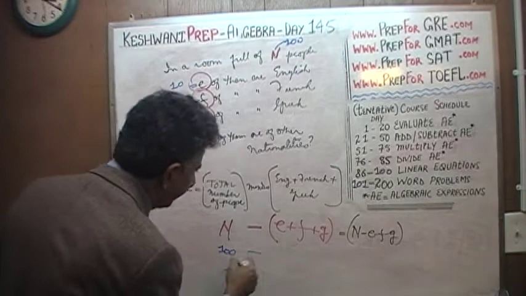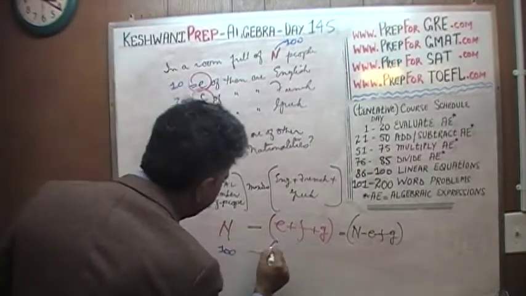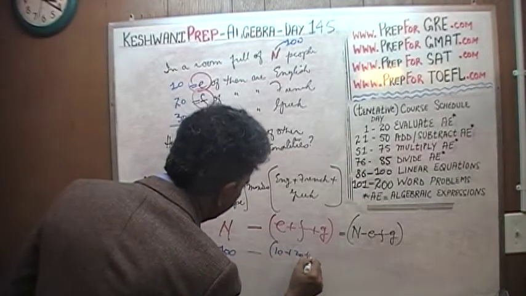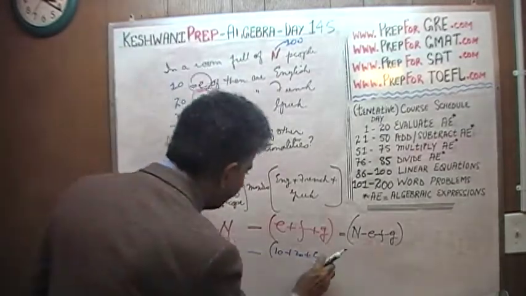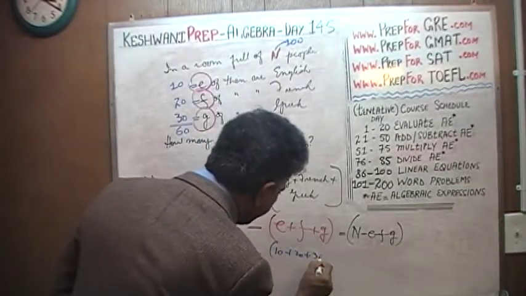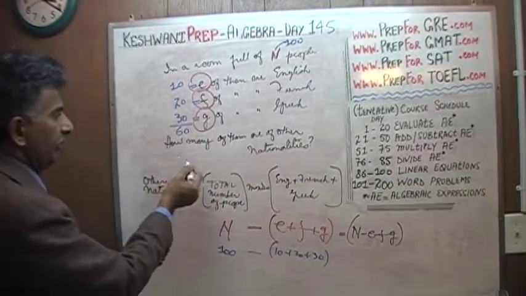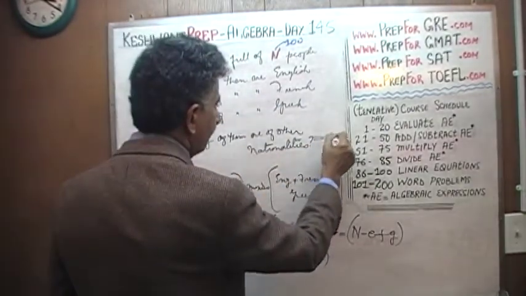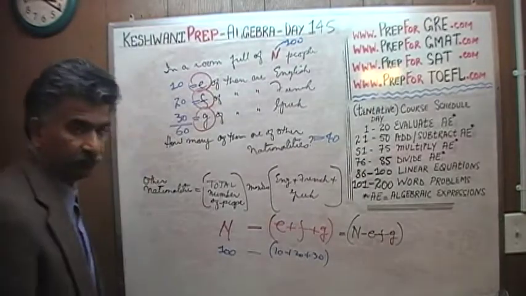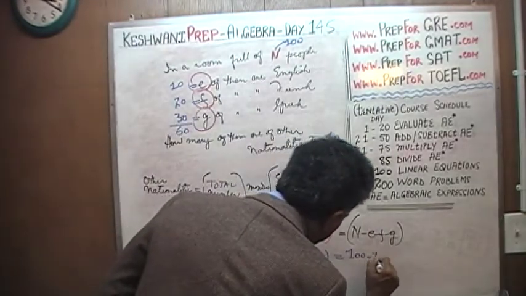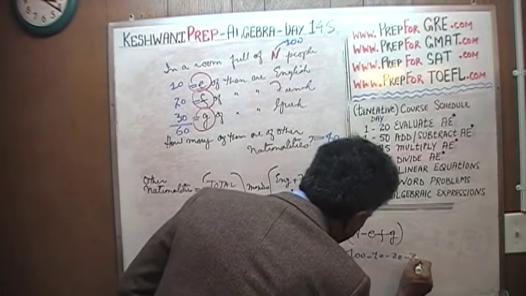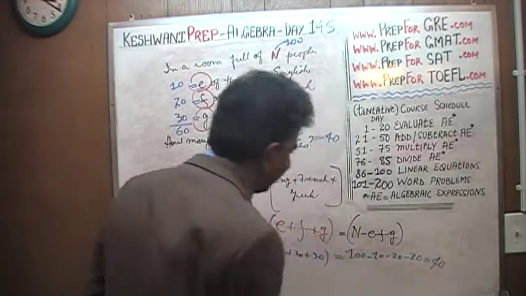So we have 100 minus the sum of these, which is 10 plus 20 plus 30. And we already know that the answer is going to be how many of them are other nationality. The answer is 40. So this better give us 40, and of course it's going to give us 40 because, you can see it here, 100 minus 10 minus 20 minus 30 does in fact equal 40.